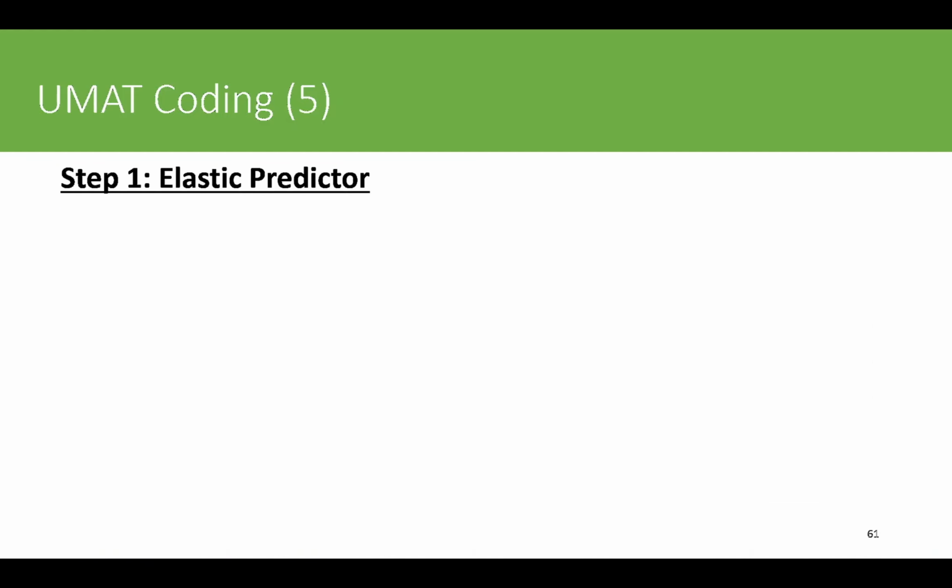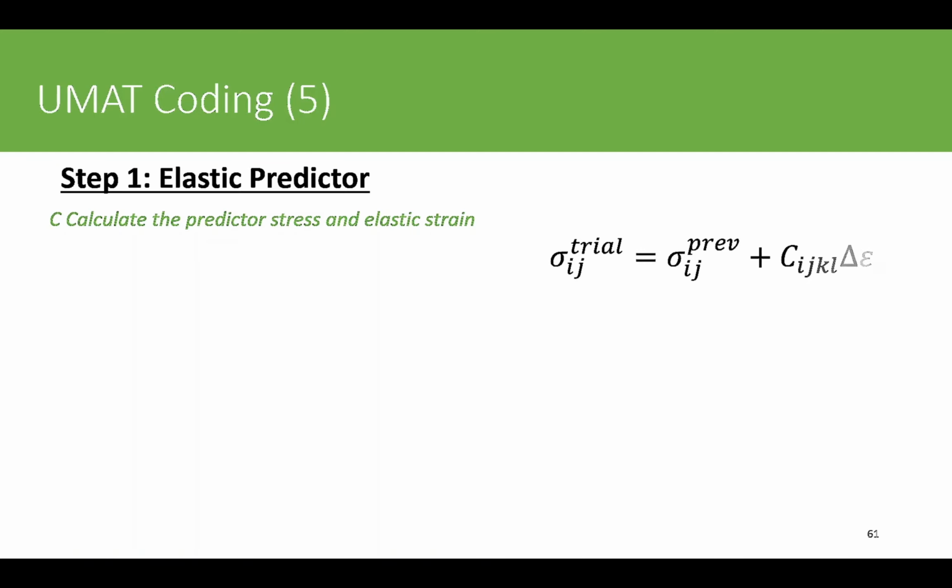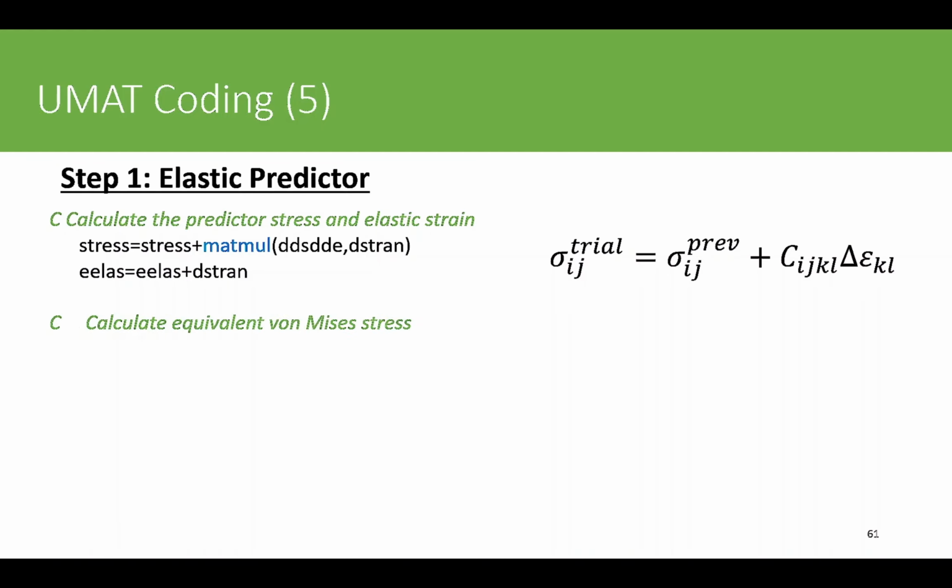Okay, next, I calculate the predicted stress and elastic strain. If you remember, the predicted stress or trial stress was the previous stress tensor plus the elasticity tensor times the increment of strain, which is again coming from the Abaqus solver. So that is what is going on here. Stress is the previous stress value, and then we are just multiplying it.